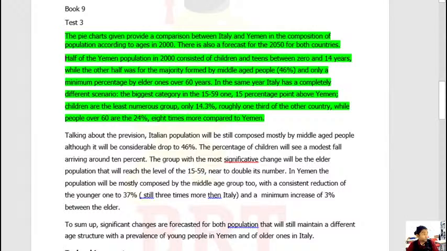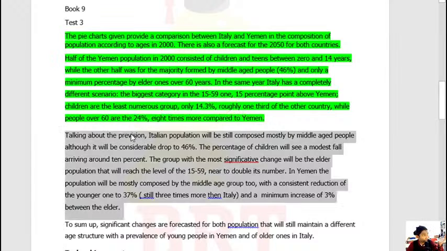Talking about provision, okay. Unfortunately, my screen is over there, so I'm having to turn my head like that. Talking about the provision, forecast. I'll use the word forecast.